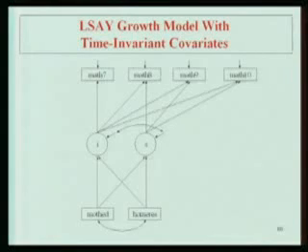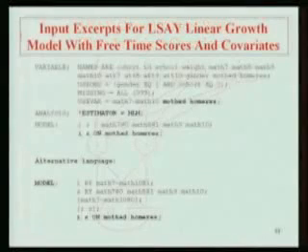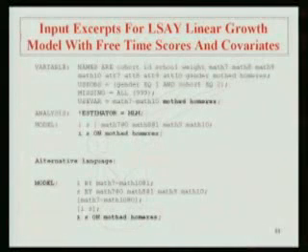Let's take a look on your left screen and see what we do to include those covariates in the model command. First of all, we put the variables on the used variables list. If you aren't using all the variables on the names list in your analysis, then you should put the variables you are using on the used variables list.